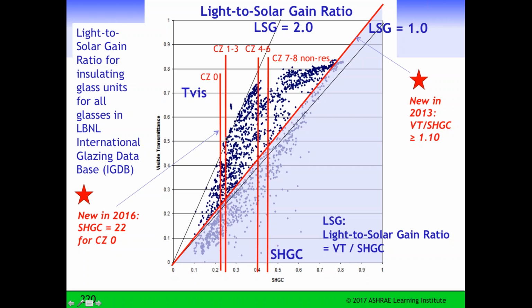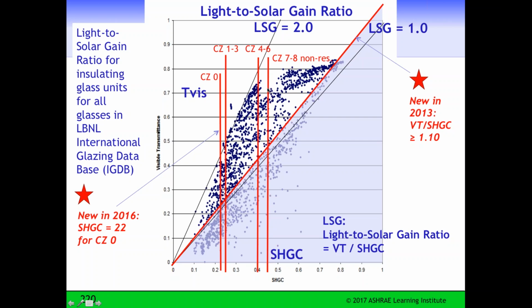For climate zones 1, 2, and 3, you have a solar heat gain coefficient of 0.25. For climate zones 4, 5, and 6, going from New York up through Toronto, etc., you have 0.4, and in climate zones 7 and 8, you have 0.45.